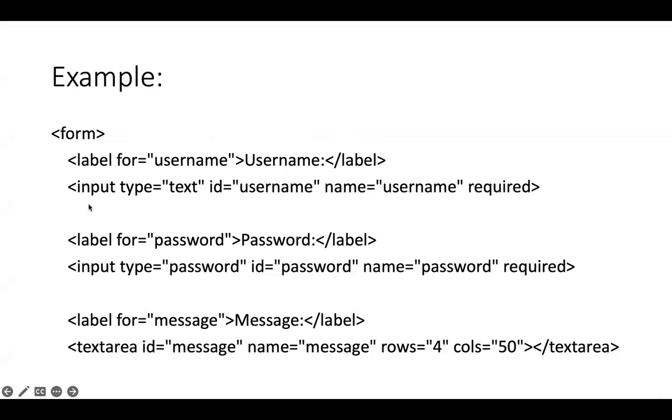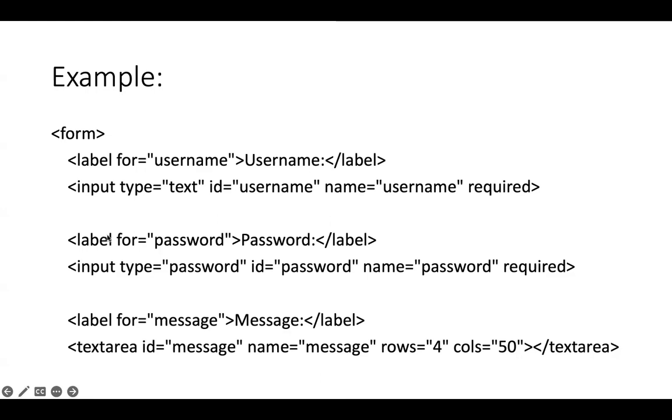Then the input tag. Here we don't have a closing tag. We just need to give only the opening tag. Within that you can give the type. We need to give the type when you are giving the input. So here the type is text. Here you can specify the ID and here the name.